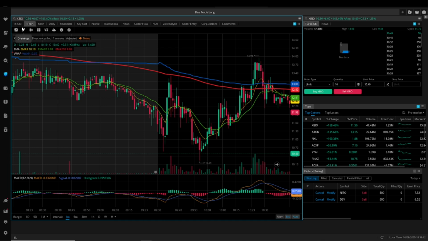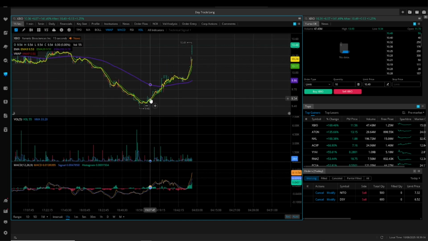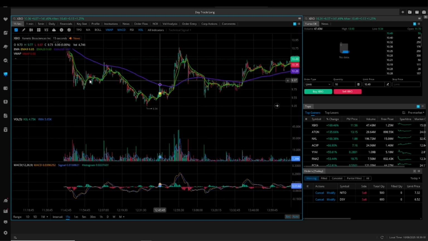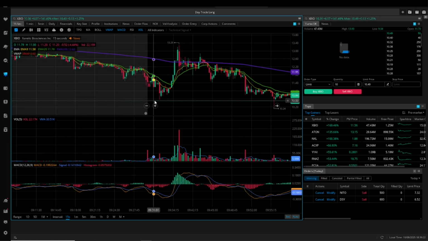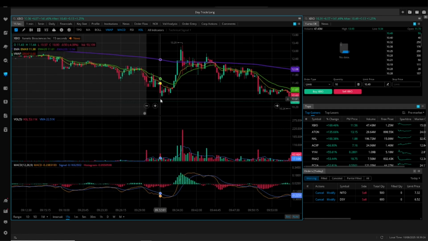So let's go to the 15 second chart, which will be way more clear. Right here, 9:32.6 would be here, exactly at the dip.